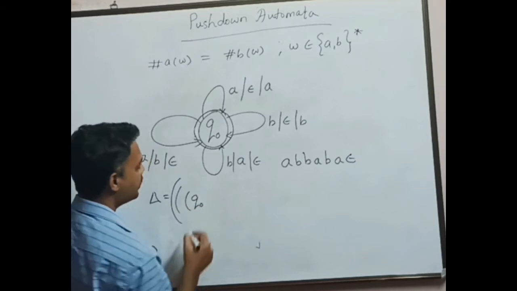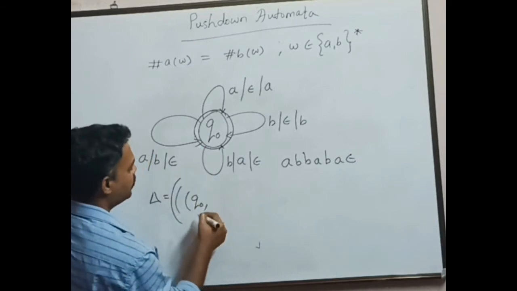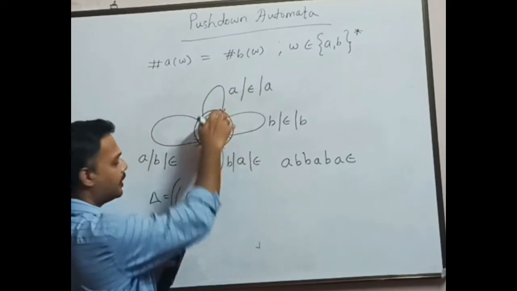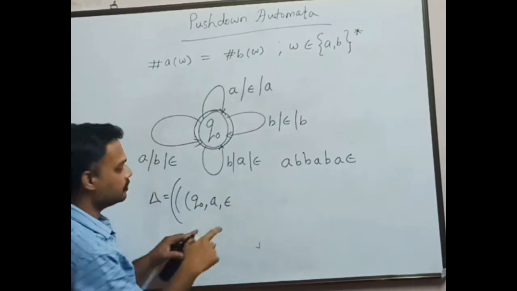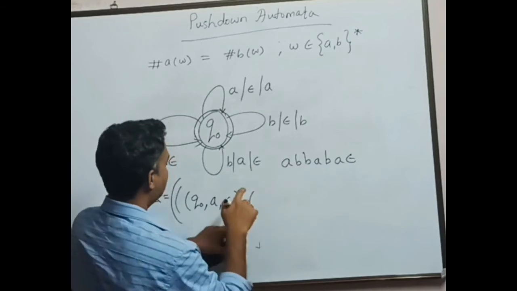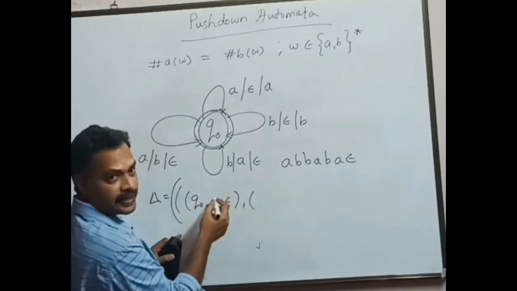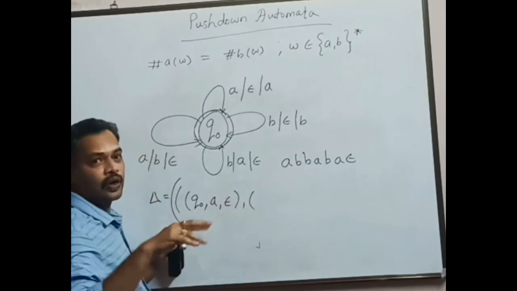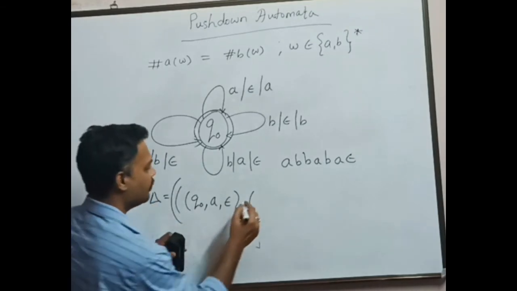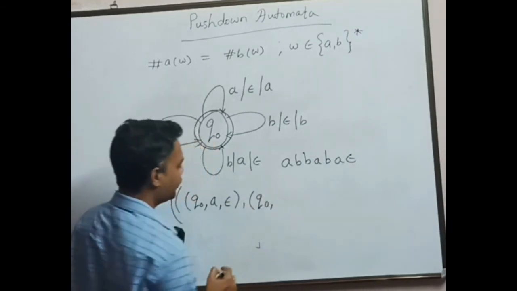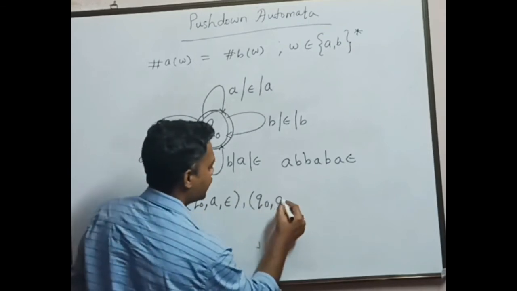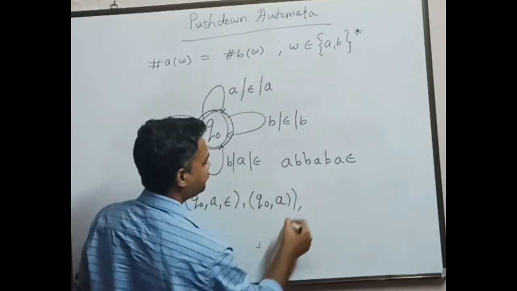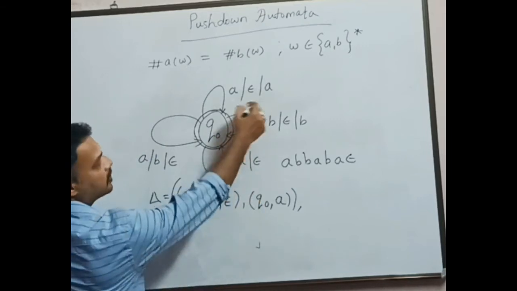The current state is Q0, the character read is A, nothing is popped, so epsilon. After reading that character, the PDA remains in the same state, but it pushes A onto the stack.